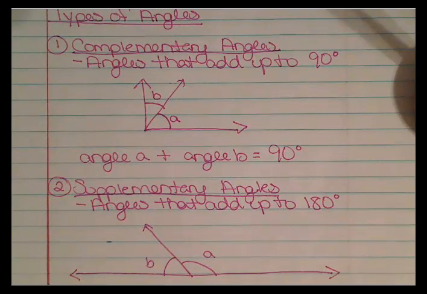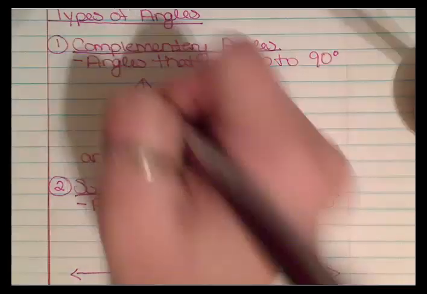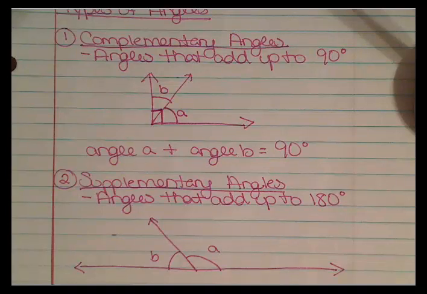So there's a picture, and notice there's angle A and angle B. And if you add those up, you're going to have 90 degrees. Remember, when we have a 90-degree angle, we usually mark it with that little box in the corner, like that. So those are complementary angles.